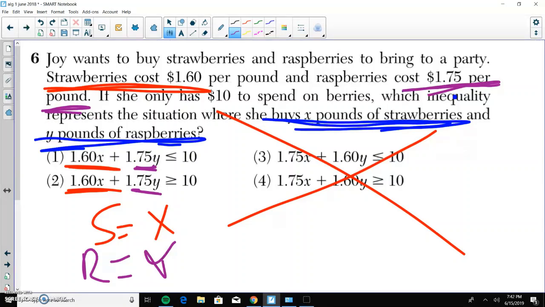Now, which inequality represents the situation? It says she only has $10 to spend, so she cannot spend more than 10. Therefore, your answer has to be choice 1. She has to spend less than 10 or 10.